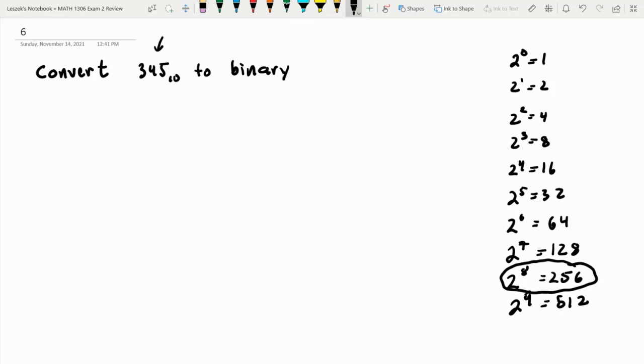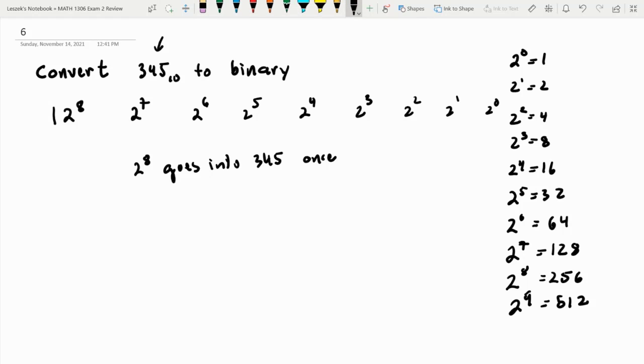Just once. So we see that 2 to the 8 goes into 345 decimal once.